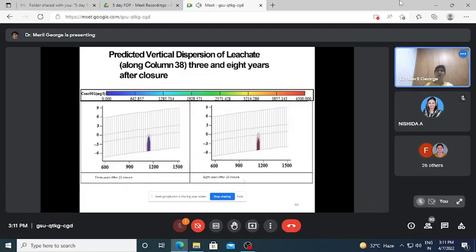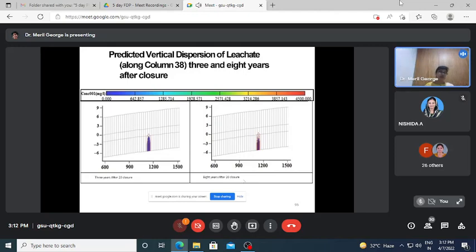We can see the vertical dispersion also after 3 years of closure, after 8 years after closure. So here it shows that shifting of leachate is away from the source, and also the concentration decreases as can be observed from the color code.